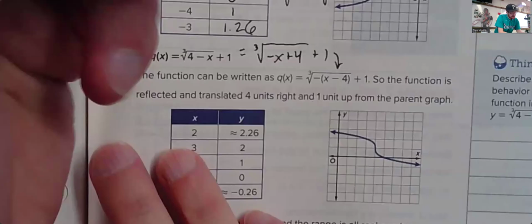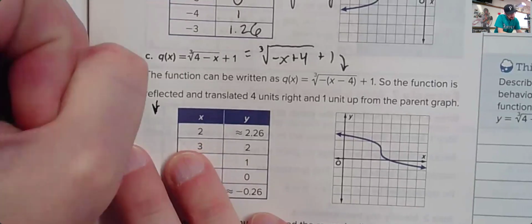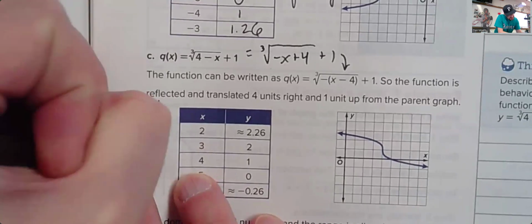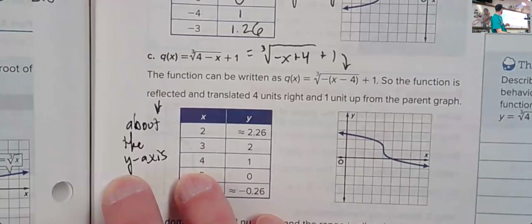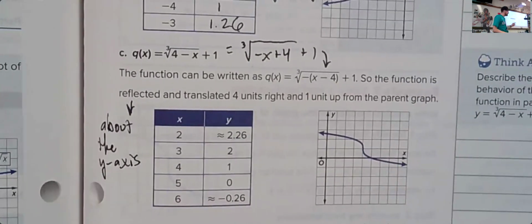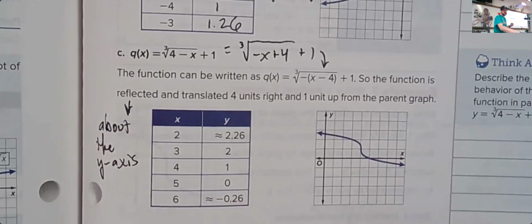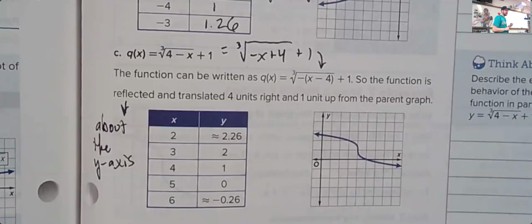So let's be a little bit more specific here about the y-axis. This one's been reflected about the y-axis because the negative is with the x on the inside of the radical as opposed to the left of the radical altogether. If it was to the left of the radical altogether, that would be a reflection across the x-axis. On the inside, it's across the y-axis.